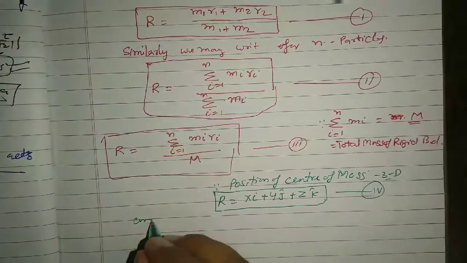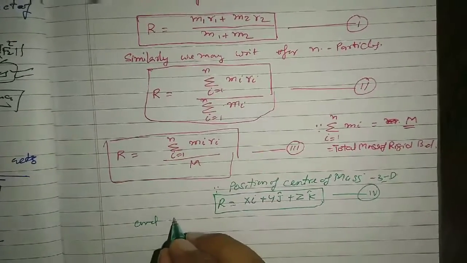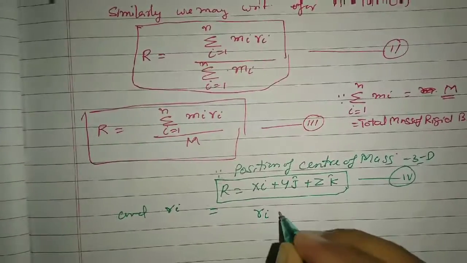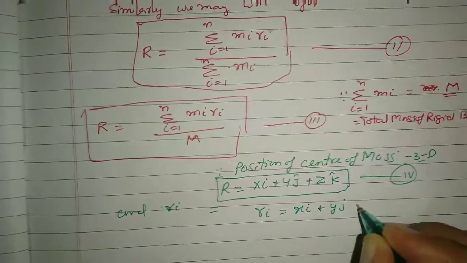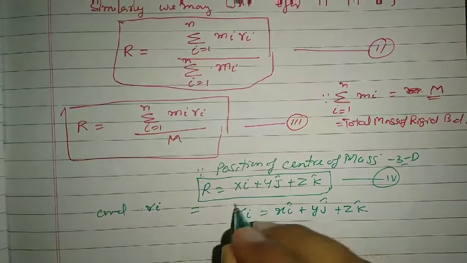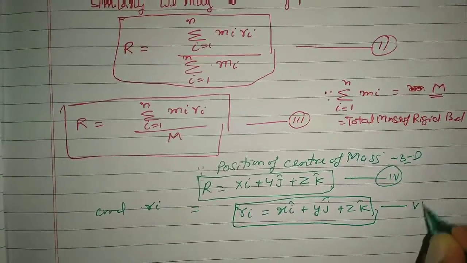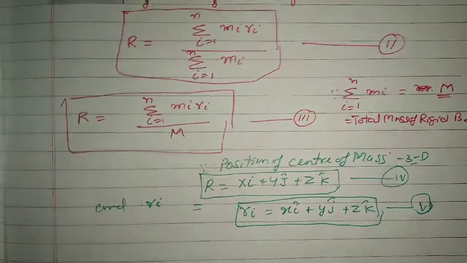And ri can be written as ri is equal to xi i plus yi j plus zi k. i, j, k are unit vectors. These can be written as equations 4 and 5 here in 3 dimensions.